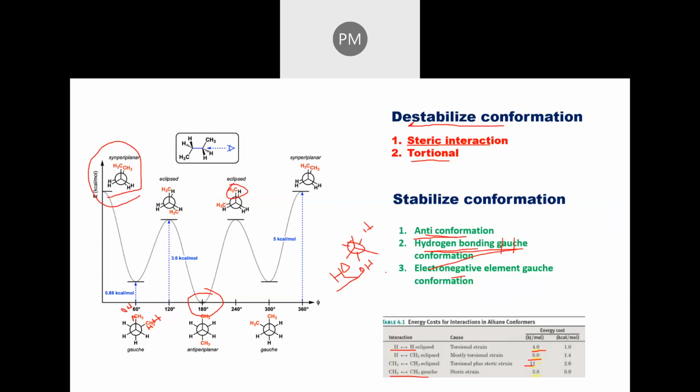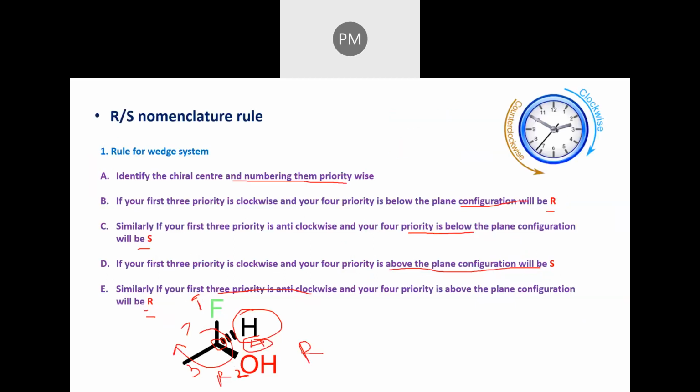The steric crowding between methyl groups will be highest, but between methyl and hydrogen it will be lowest. Between gauche and eclipsed, the gauche is more stable because the groups are farther apart, and the gauche conformation occurs when the torsional angle is 60 degrees.